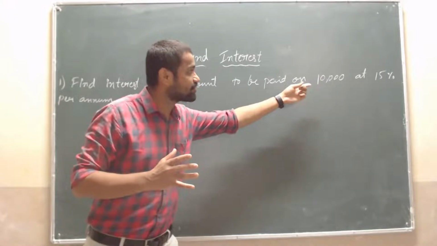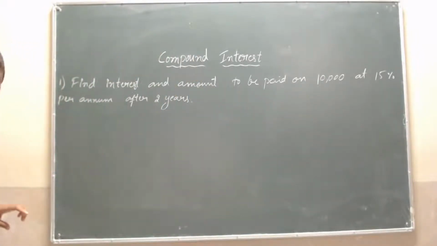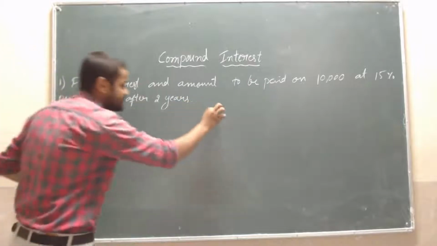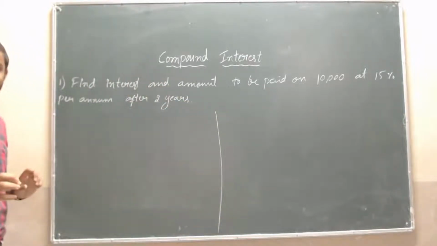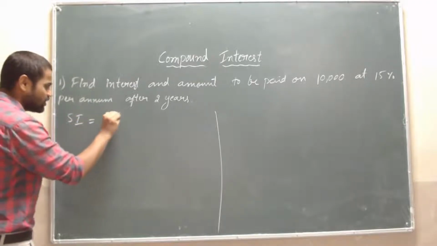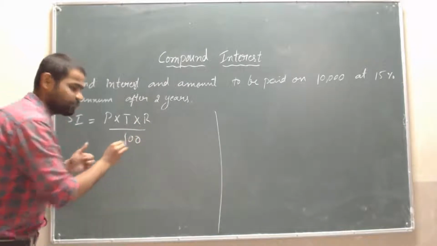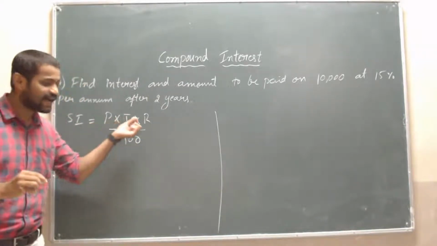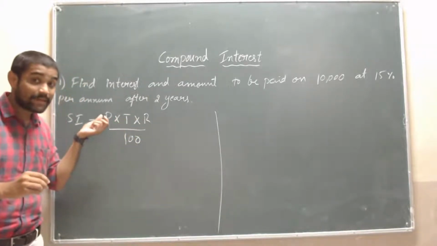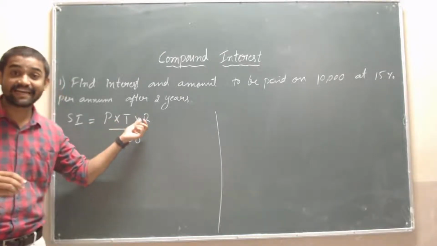To be paid on 10,000 rupees at 15% after 2 years. What's the formula for simple interest? Simple interest is equal to PTR by 100. P is the principal amount, T is the time period, and R is the rate of interest.